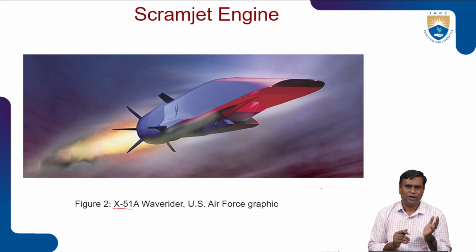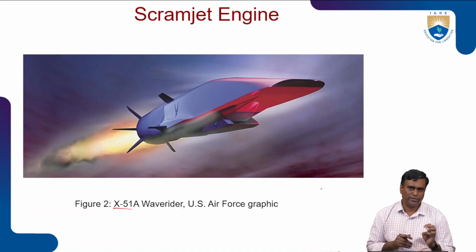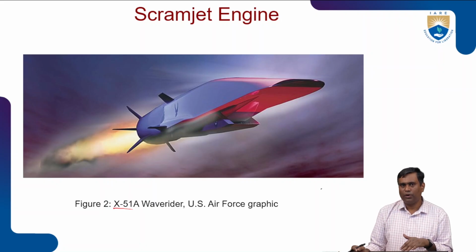But otherwise, handling such high supersonic speeds, inlet design is crucial, and placing of the shockwave is crucial, because the deceleration will take place. And in scramjet, supersonic air only should be sent to the combustion chamber, and combustion takes place at supersonic speed. In case of ramjet, it is subsonic.